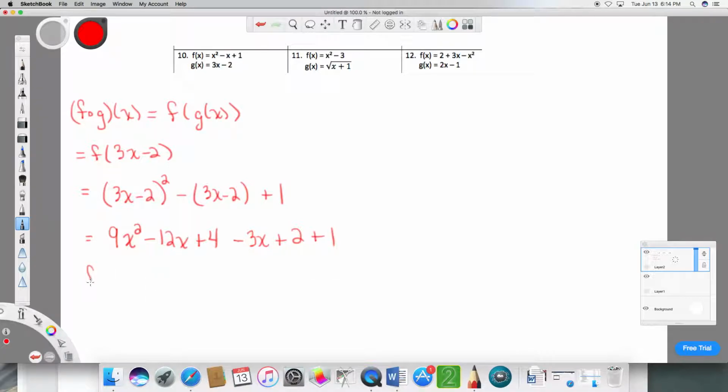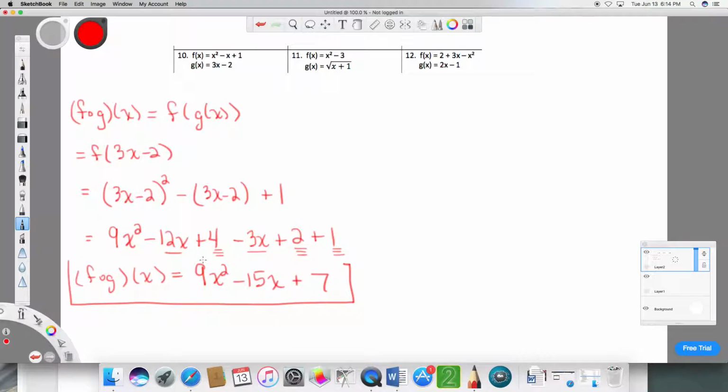So now if we combine like terms, we'll have our new function. We've got like terms. So this is what I'm getting. Hopefully you got the same.